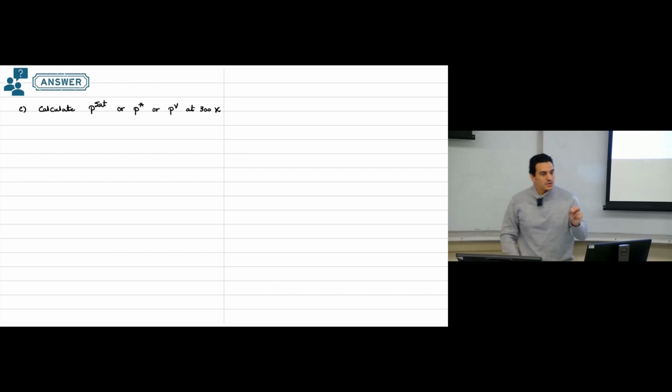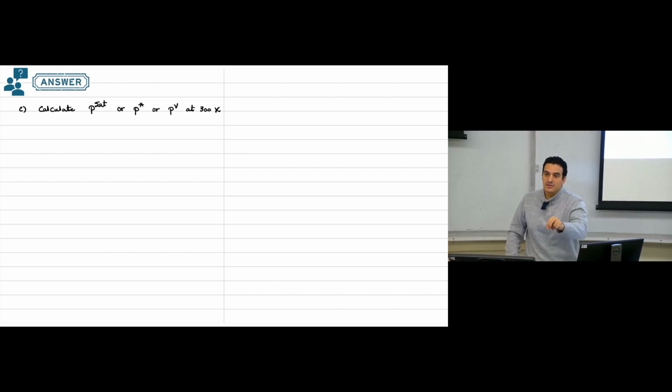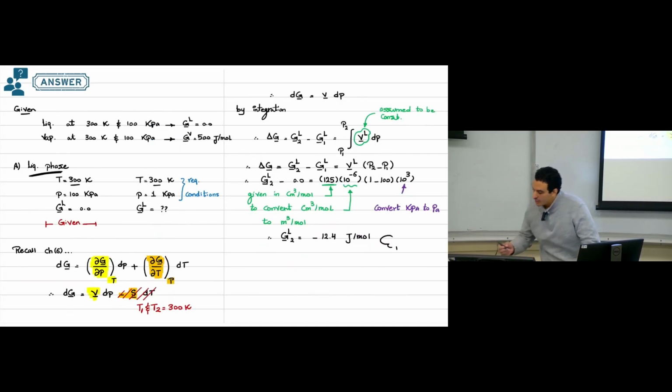So the saturation pressure at 300 Kelvin means that at this combination we have phase equilibrium, right? Phase equilibrium exists, so the rule is if you calculate the molar Gibbs free energy for liquid and the molar Gibbs free energy for vapor, they will be the same. Okay, so if we get back to requirement number 1, here we have an equation.